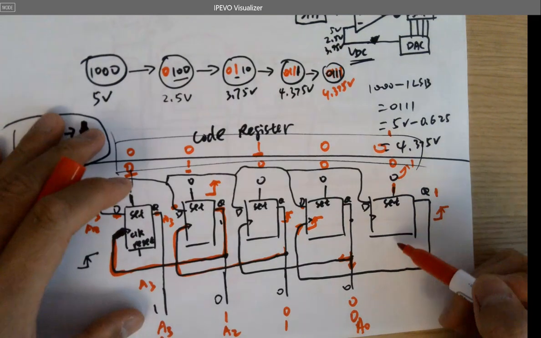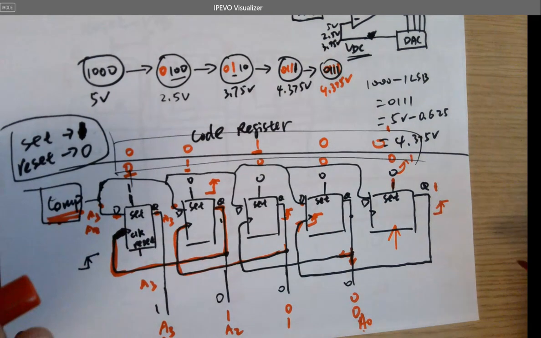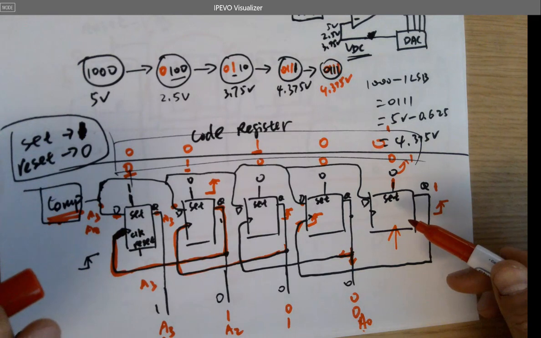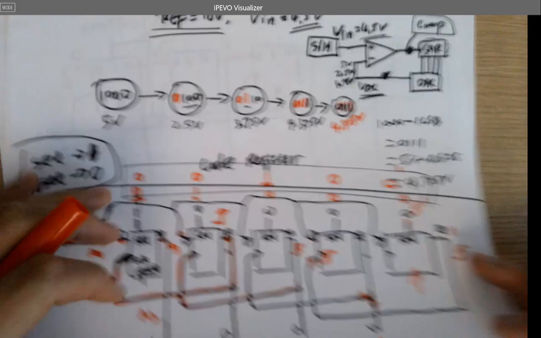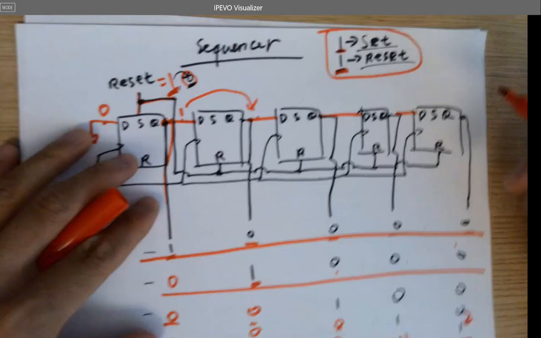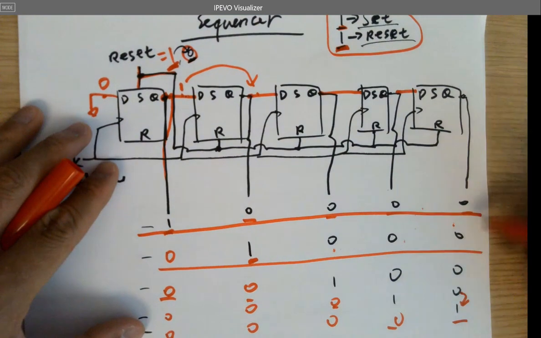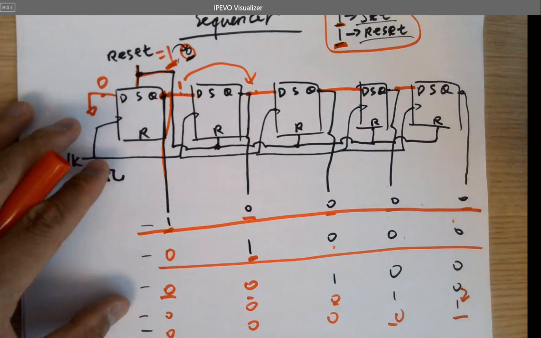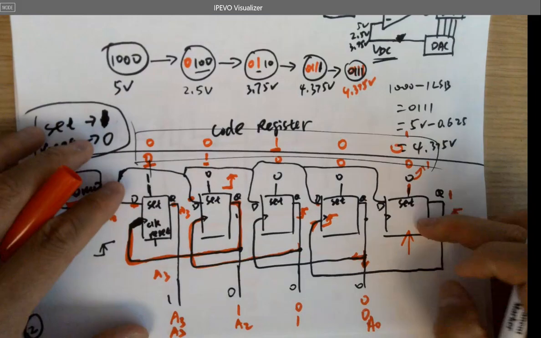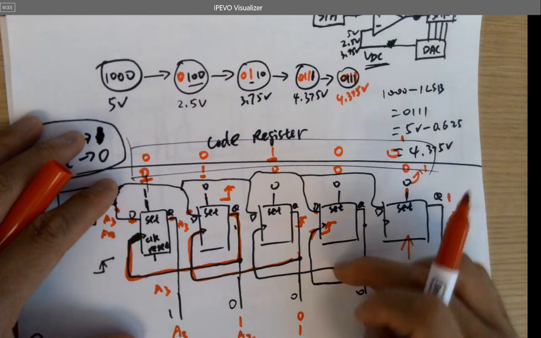So now you know why we need the last one. We do need the last one here for the sequencer as well, to hold that one. Okay, to set the last D flip-flop for the code register in order to trigger the fourth one.